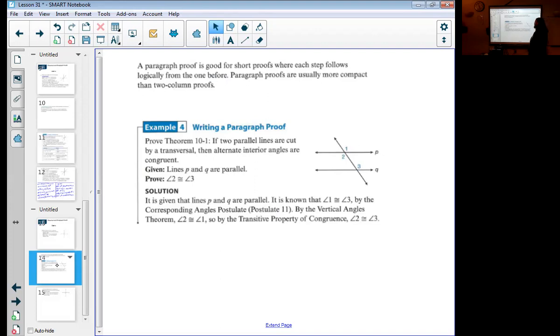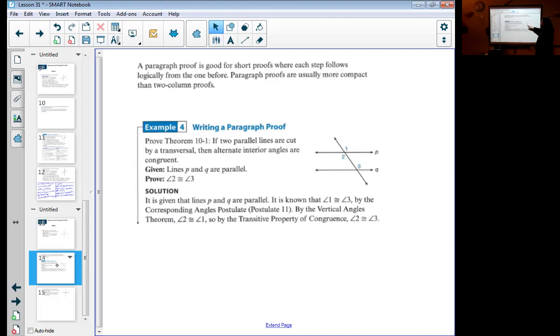It is given that lines P and Q are parallel. So for the paragraph proof, it does in fact start by saying that it is given. It is known that angle 1 is congruent to angle 3 by the corresponding angles postulate. That's postulate 11, from the 11th lesson. By the vertical angles theorem, angle 2 is congruent to angle 1.